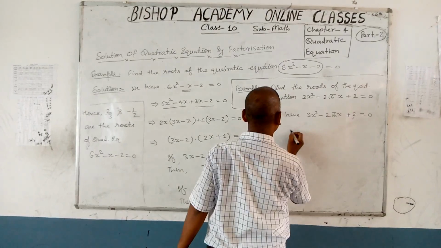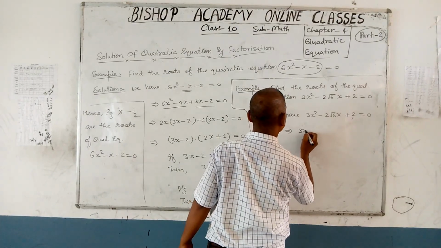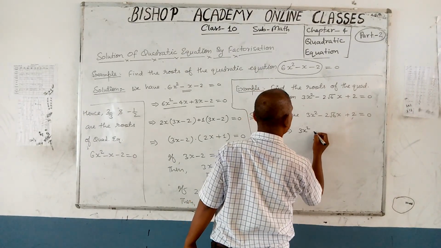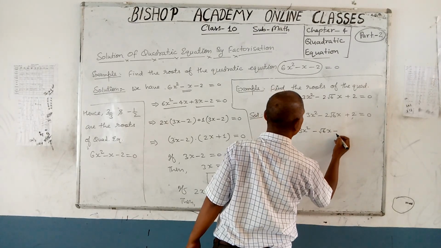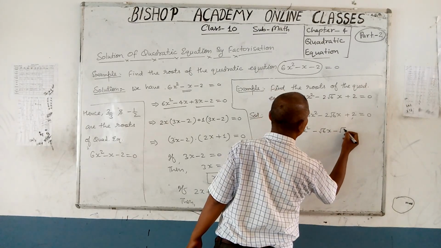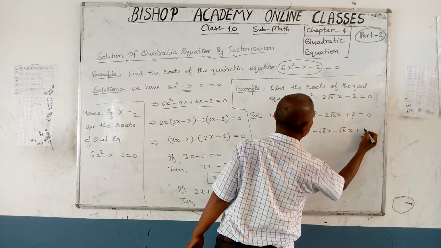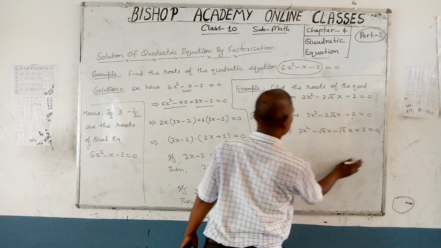Splitting the middle term, you write 3x square minus 1 time root 6x, again minus 1 time root 6x plus 2 is equal to 0.